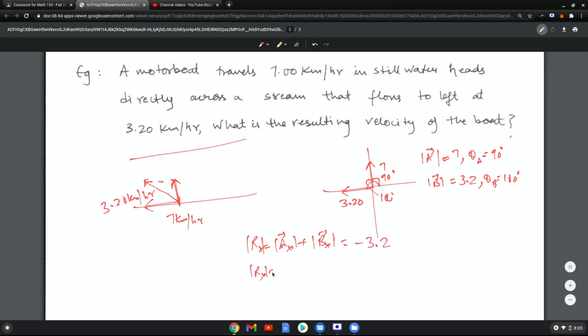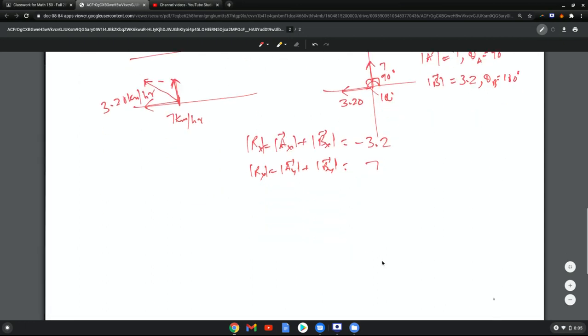And Ry is Ay plus By, which comes out to 7 sine 90 plus 3.2 sine 180, which is 7. Now just based on this, we know that the vector is in the second quadrant.